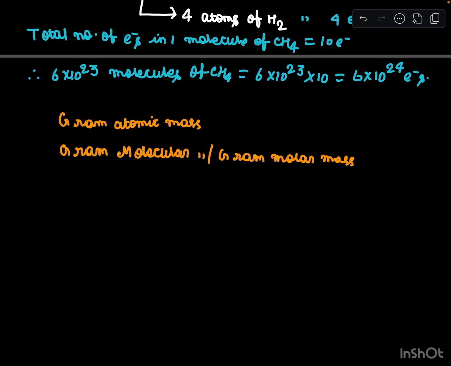Then you learnt about the number of moles, which was required to represent all the phases in chemistry in just one unit. Number of moles was mass by molar mass.